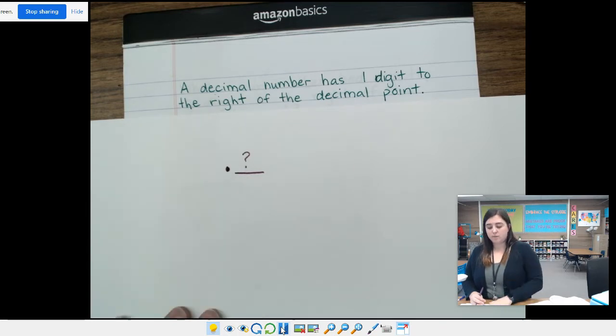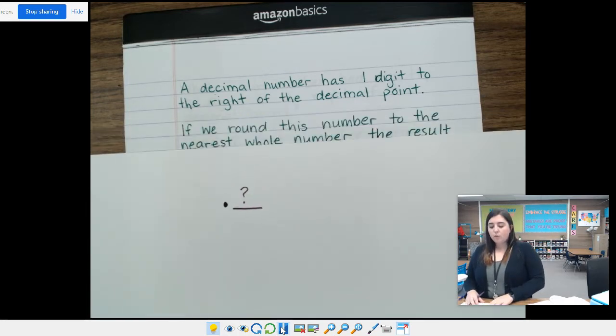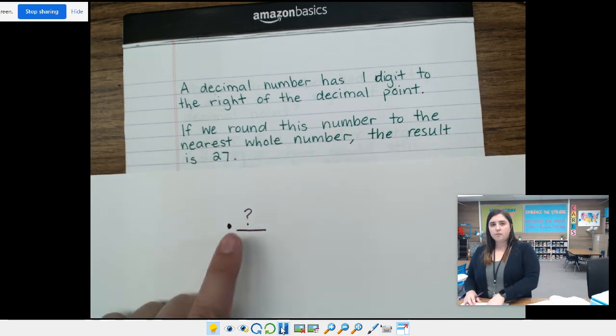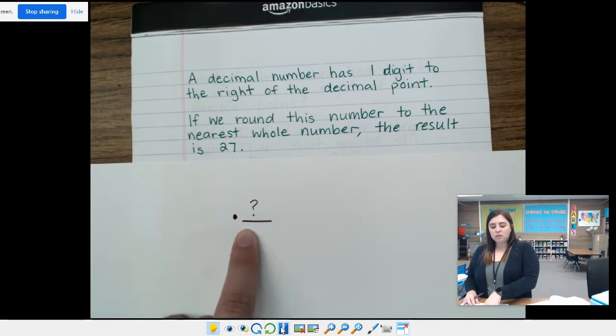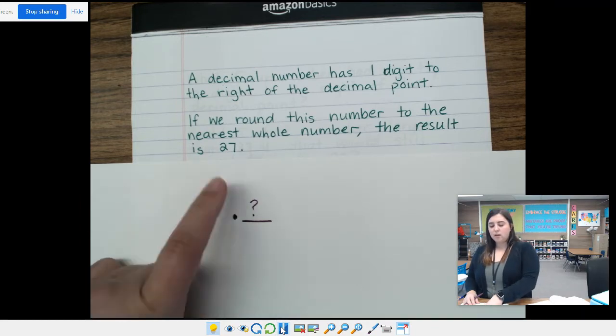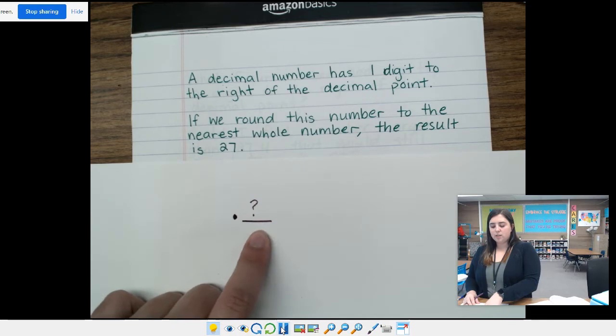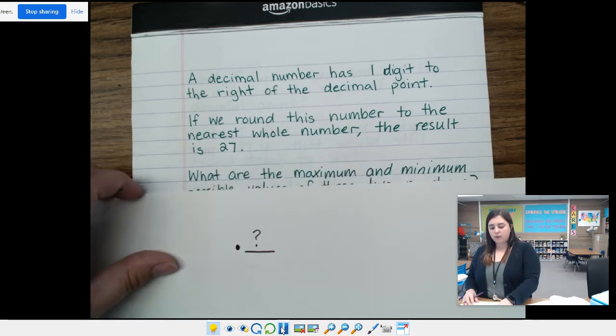I'm not sure. If we round this number to the nearest whole number, the result is 27. So that's saying if we round this number to the nearest whole, the result is 27.